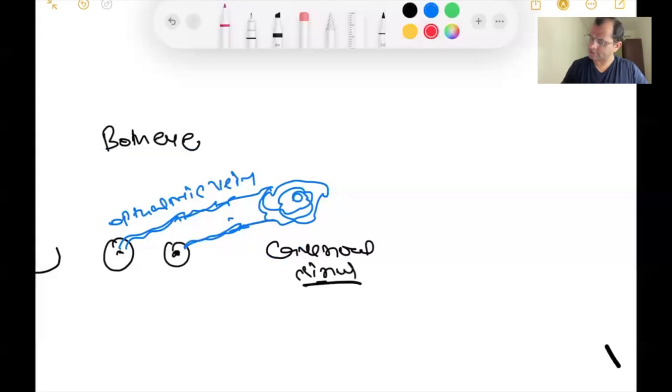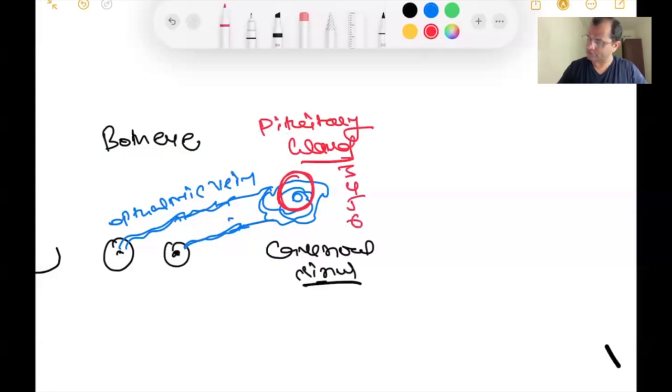The cavernous sinus is the area where the pituitary gland is located. And here we have the 3rd, 4th, 5th and 6th cranial nerves.